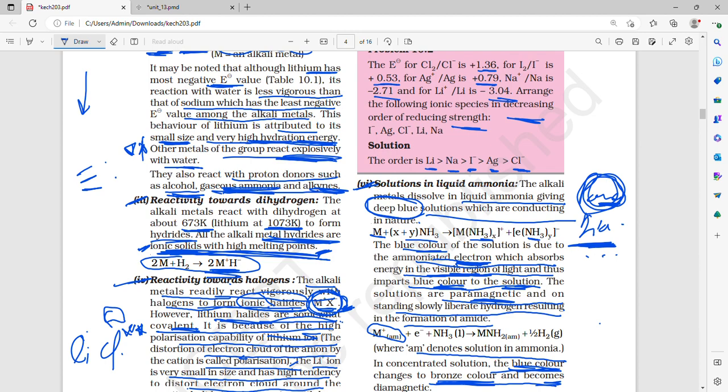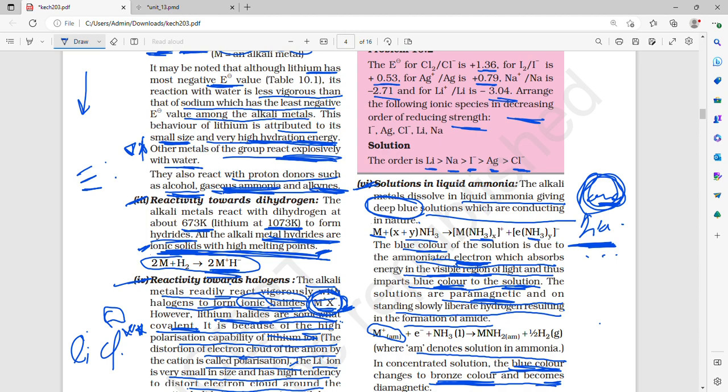They also react with proton donors such as alkynes, alcohol, and gaseous ammonia. So when it comes to water, the alkali metals form hydroxide and dihydrogen, which is very important to remember. Then it has to be noted that lithium has the most negative E0 value. Its reaction with water is less vigorous than that of sodium, and sodium has the least negative E0 value among the alkali metals.